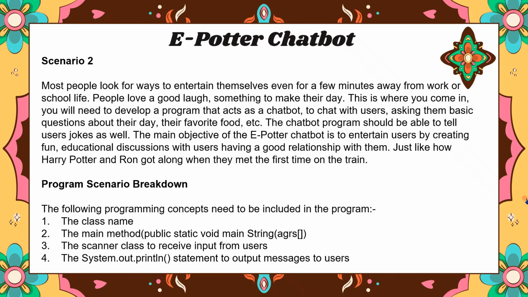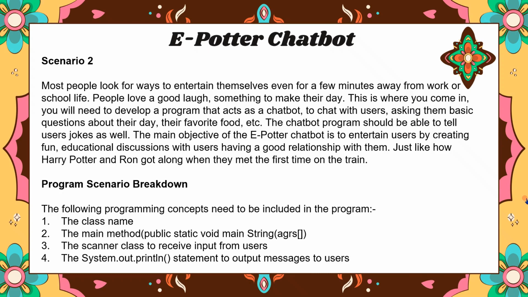The concepts that will be included in the program are number 1, the class name, number 2, the main method, which is public static void main, String arguments, number 3, the Scanner class to receive input from users, and number 4, the System.out.println statement to output messages to users. So let's get creating our second Java project for this scenario.